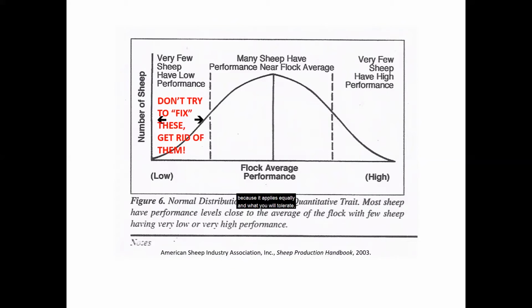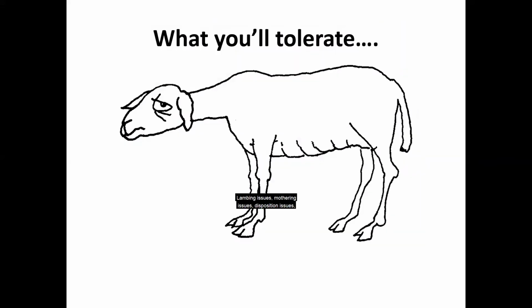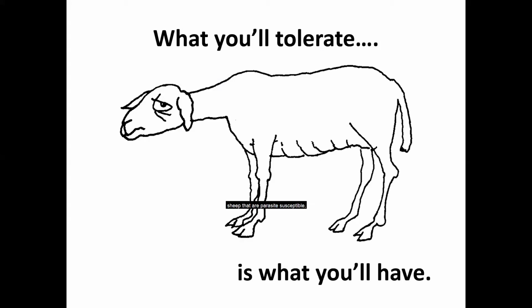And one thing that I learned from an old chicken breeder that stuck with me, and I put it here with a sheep picture because it applies equally: what you will tolerate in the breeding system is what you will have. Lambing issues, mothering issues, disposition issues, hard keepers that require a lot more feed, sheep that are parasite susceptible. If you keep them around, you will continue to have them.